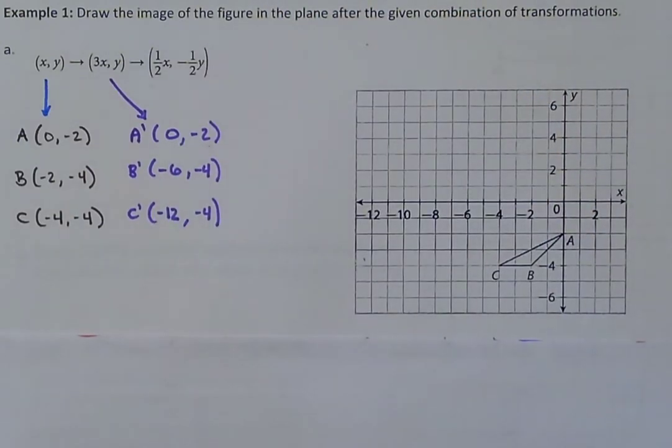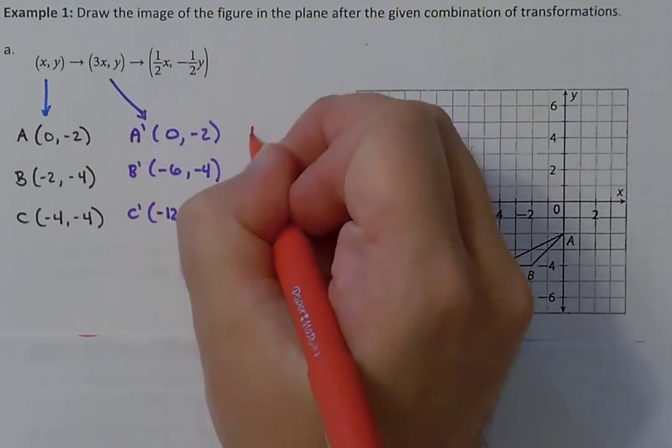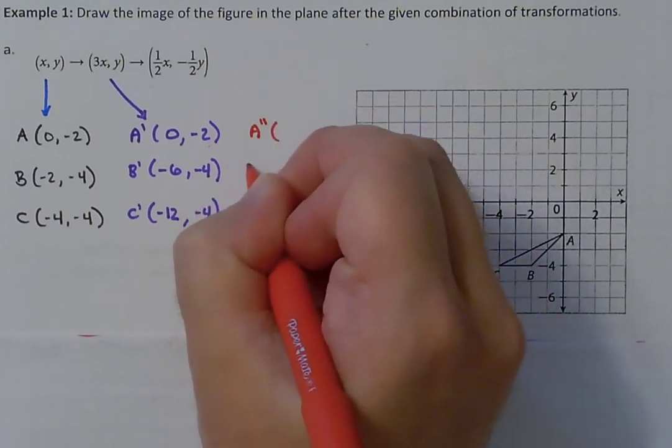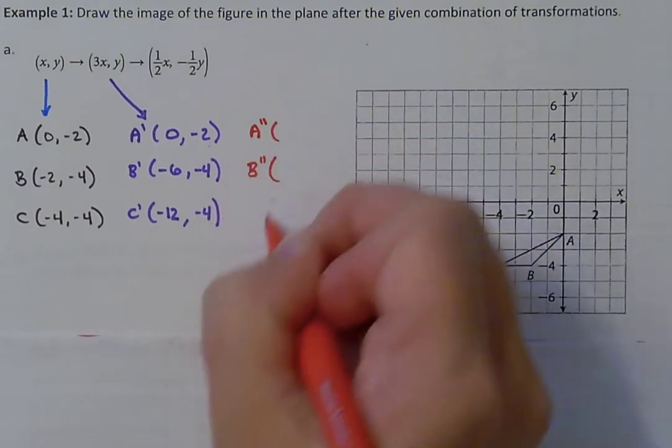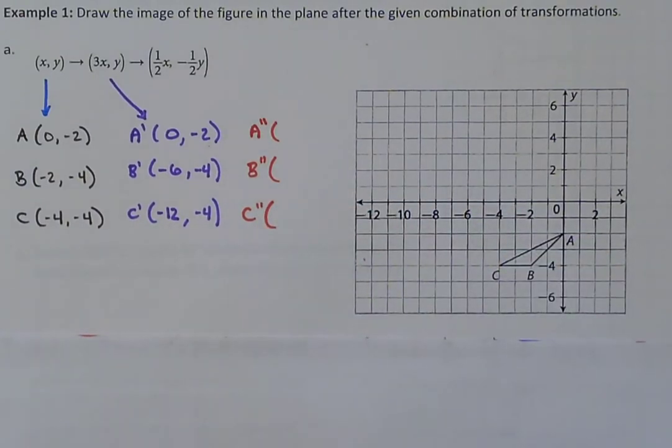Because we have another transformation, instead of just being A prime, this becomes a double prime: A double prime, B double prime, and then C double prime.